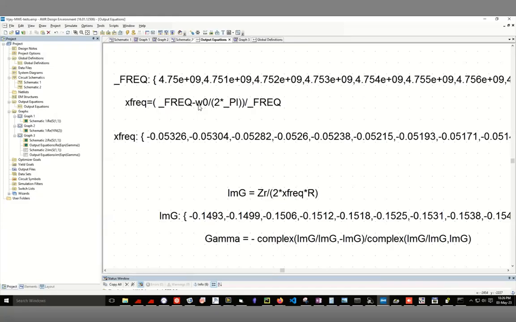I just show you, you don't have to remember this or anything. So there is actually an internal variable called this underscore FREQ, which is essentially the list of all the frequency points at which you're doing the simulation. So you can use it as an array, and then you can do manipulations on that.